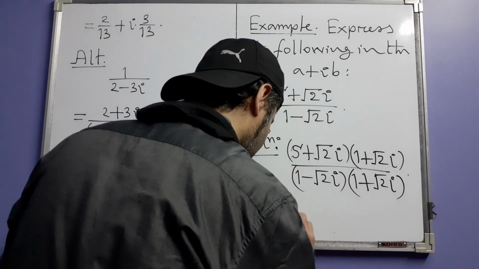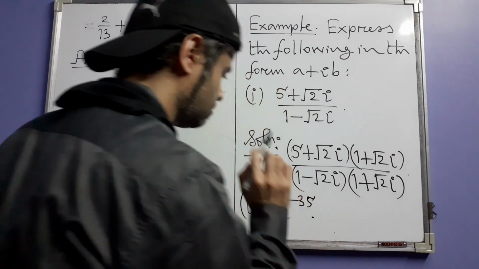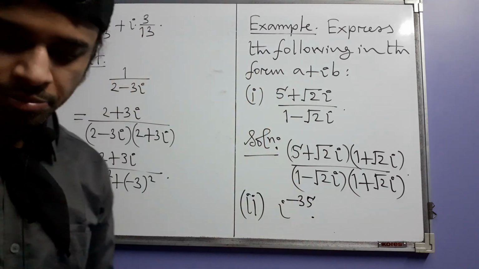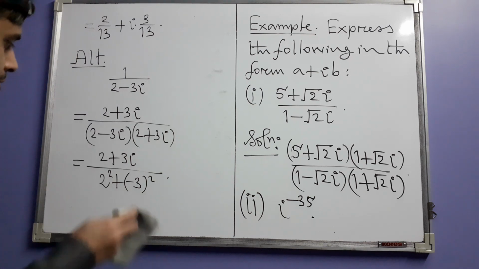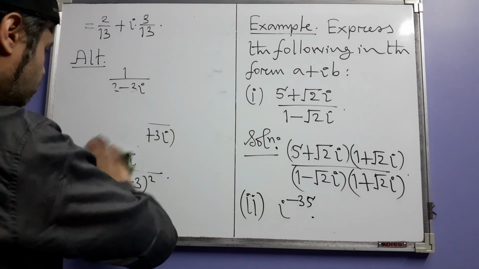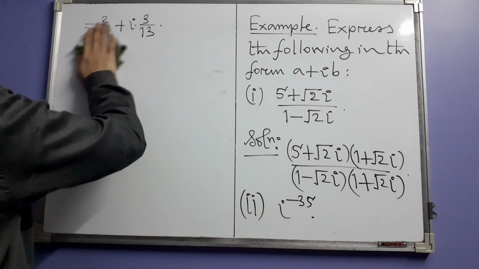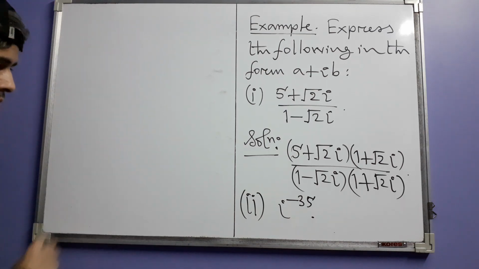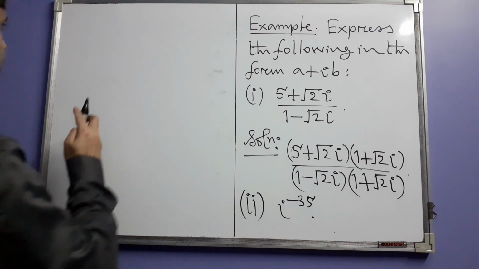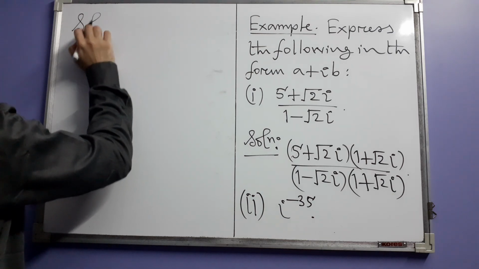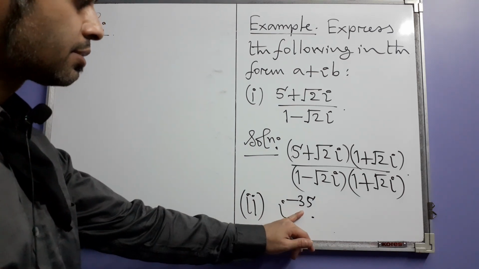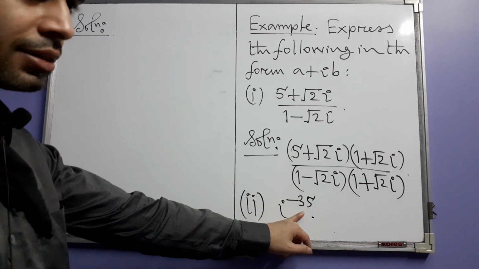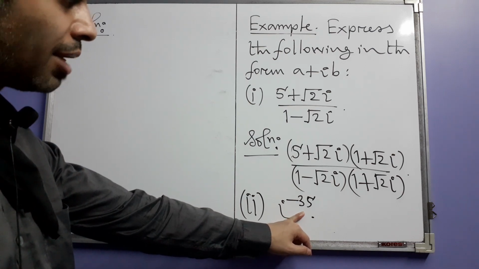And there is another one. How shall we simplify this power of i? Again, recall what we did there. We divide minus 35 by 4. What is the nearest you can go to minus 35 using multiples of 4?